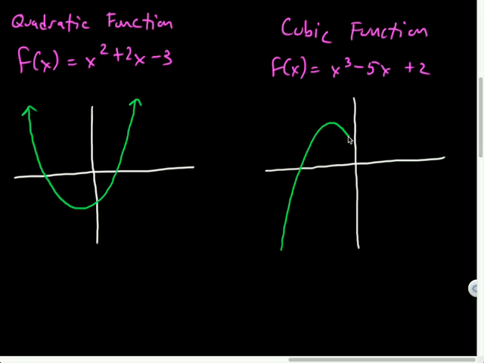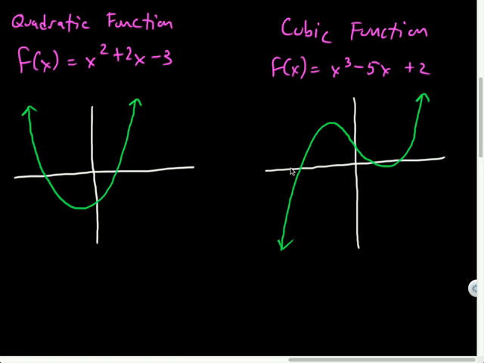Whoa, it's kind of looking like a parabola. But no, it just switched things up on you. Craziness. I mean, it almost looks like, if I was to break it right here, that this is part of a parabola and this is part of a parabola. Almost.